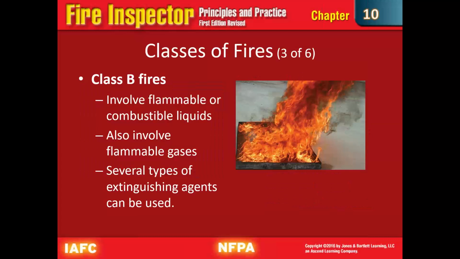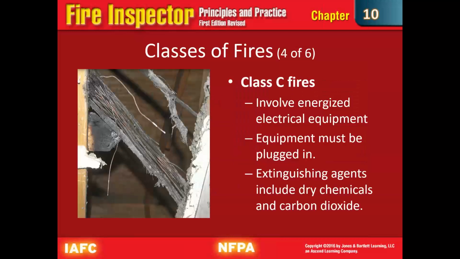Our next one is going to be our Class B fires, and it's your flammable liquids. And you can use several different types of extinguishing agents. There's all kinds of different stuff out there, but this is part of the common set that you'll see, your A, B, and then also your C. It involves energized electrical equipment, and the extinguishing agent has dry chemicals and carbon dioxide.